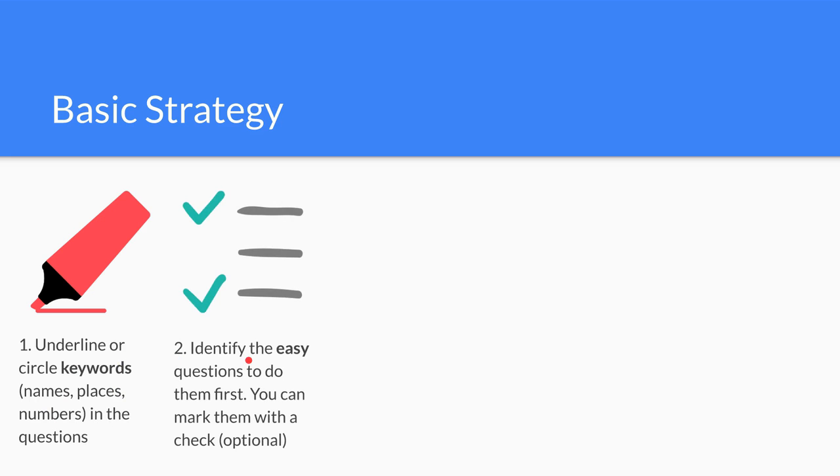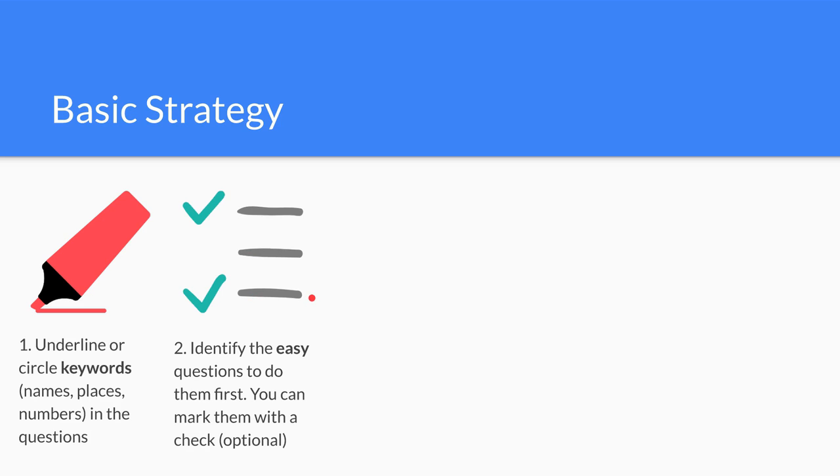Now here, the second step is to identify the easy questions. You have to find out which questions are easy and do them first. Always do the easy questions first. And if it helps you, you can mark these easy questions with a check mark. So for example, maybe number 1 is easy, so you put a check next to it. Number 2 is not so easy, so you're going to leave that.